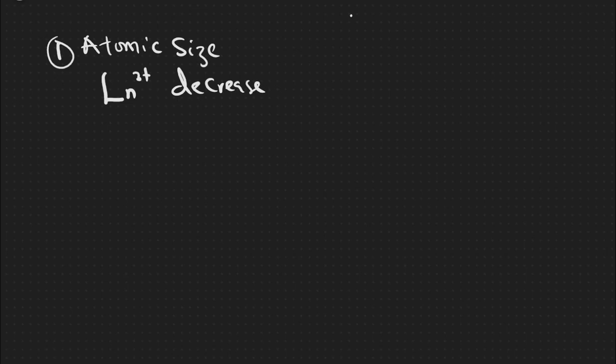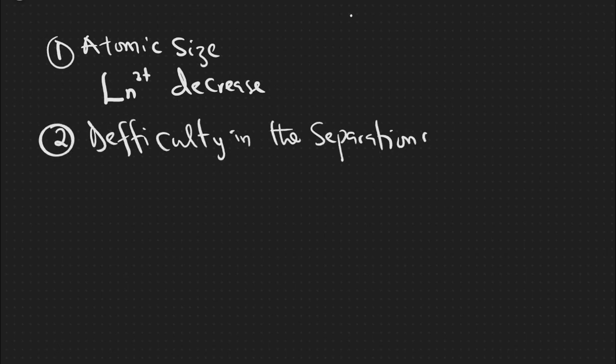The second consequence here is that it leads to difficulty in the separation of the lanthanides. Since all the elements in that period will always have the same size, it will be hard for you to separate them.